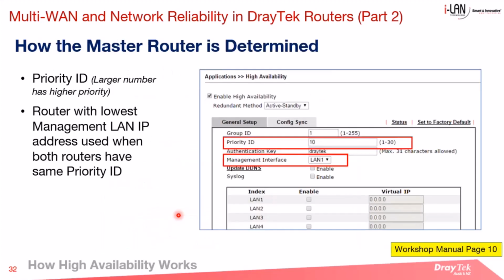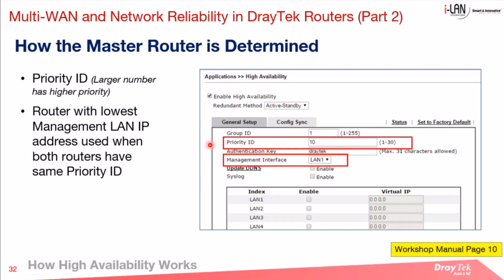Okay, so how is the master router determined in the high availability group? The way we do this is to use the priority ID, which I have highlighted in this diagram. The router with the highest priority ID number will become the primary, or the master, router.